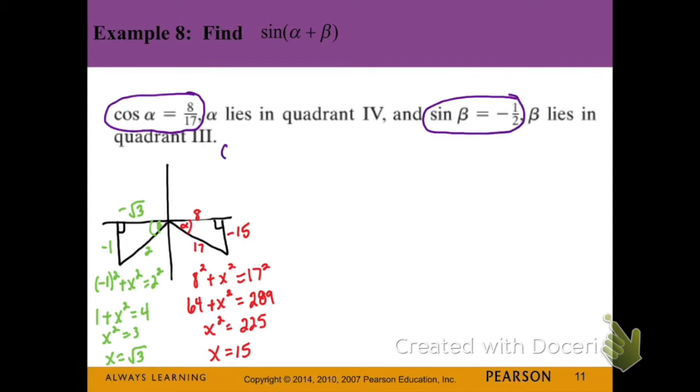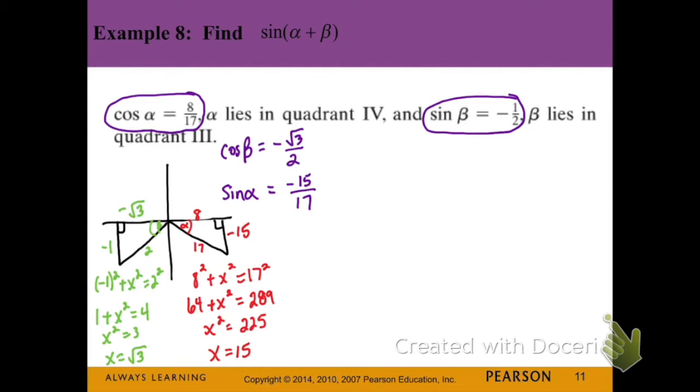So now we know cosine of alpha, we know sine of beta. We also know cosine of beta because if I look at my beta triangle, my adjacent is -√3 and my hypotenuse is 2. We know sine of alpha by looking at our alpha triangle is -15 over 17.